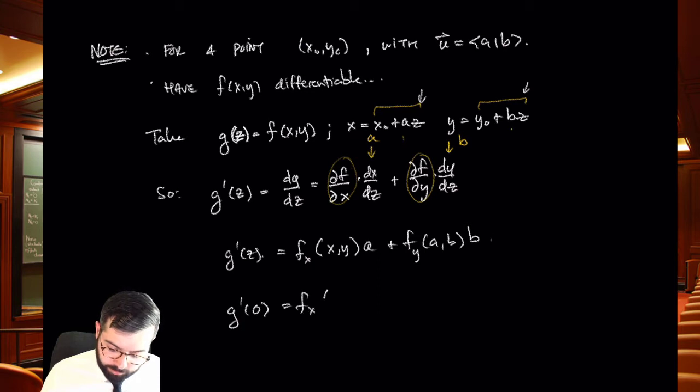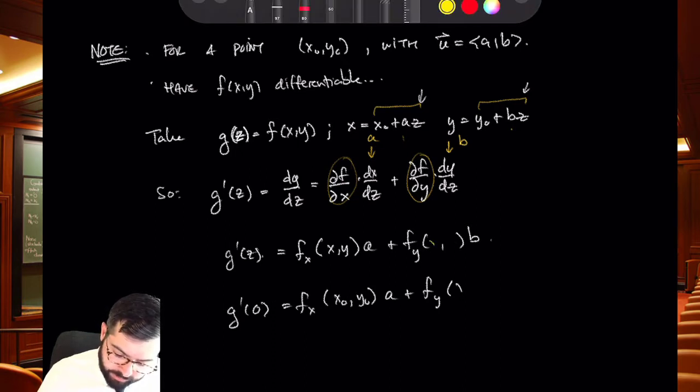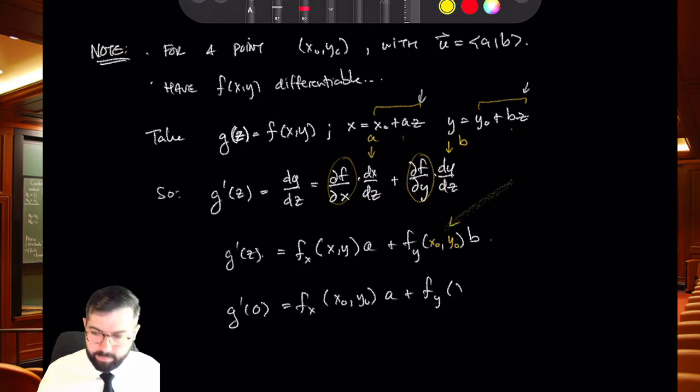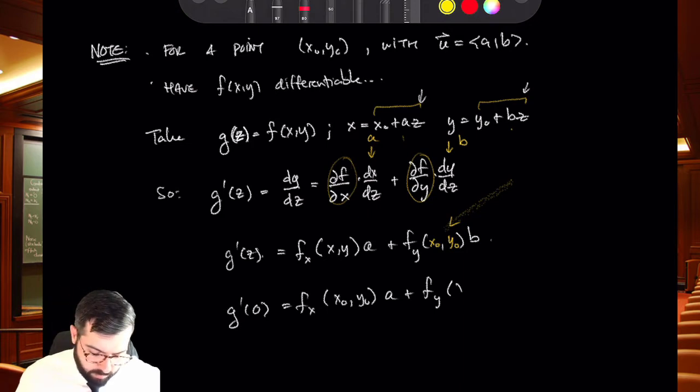This becomes the partial at x naught, y naught, times a. Oh, why is this here? There's an error here, guys. This should be x naught, y naught. Did you guys catch that? No, just x and y.